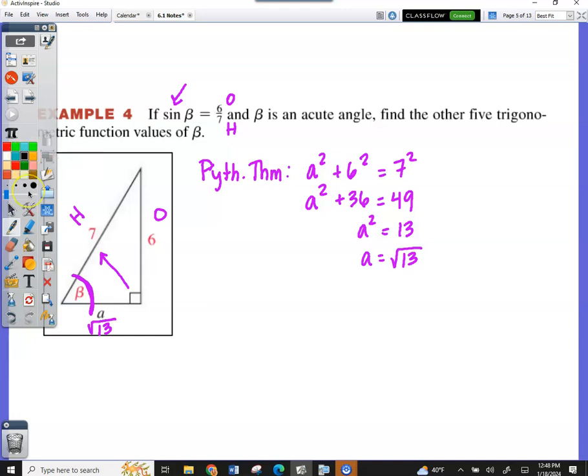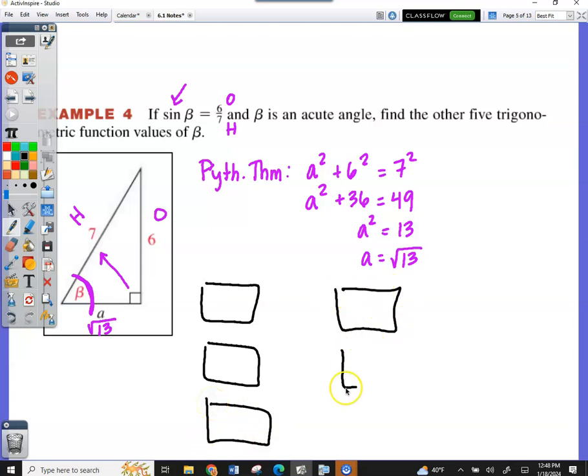Okay, so here's where you need to keep in mind. You're going to see me do this every time, and you might want to adopt the same habit. I'm going to label sine, cosine, tangent, reciprocal, reciprocal, reciprocal. In my mind, I do my 3 original, my 3 reciprocal. I even copy the one that they already gave me. It's already there, but I copy it so then I can find its reciprocal.